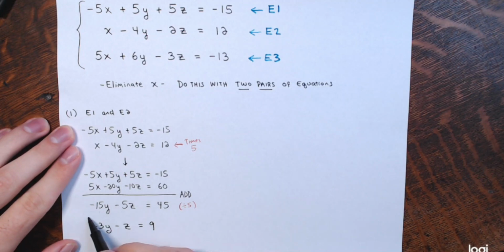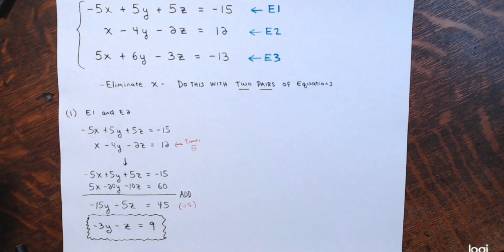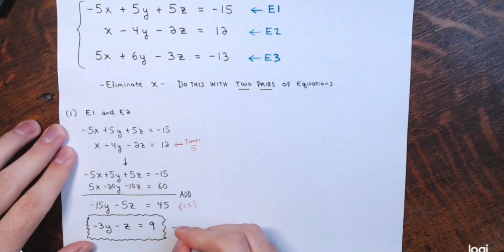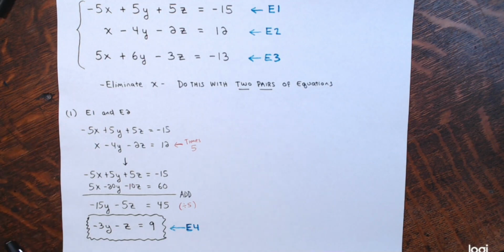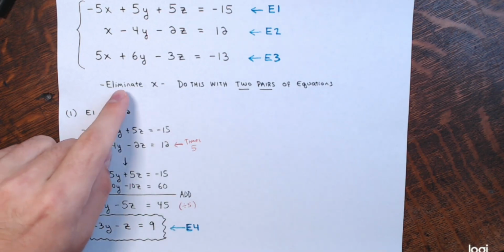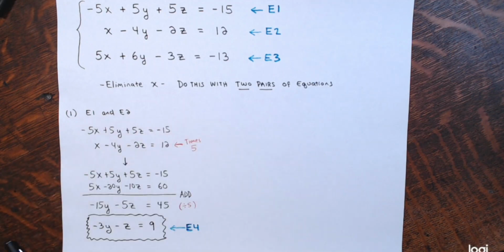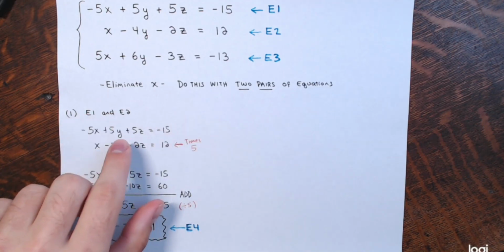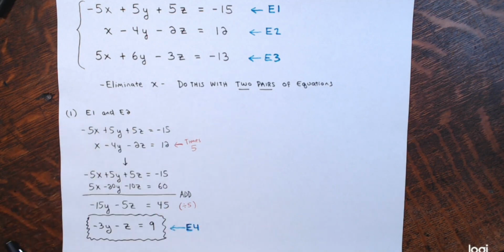All right, so this equation, now this isn't the answer, I'm just putting it in a bubble. I will call this equation 4, E4. And notice that it has y and z, two variables instead of 3. So if I eliminate x again with another pair of equations, instead of equation 1 and 2, how about equation 1 and 3 or 2 and 3?